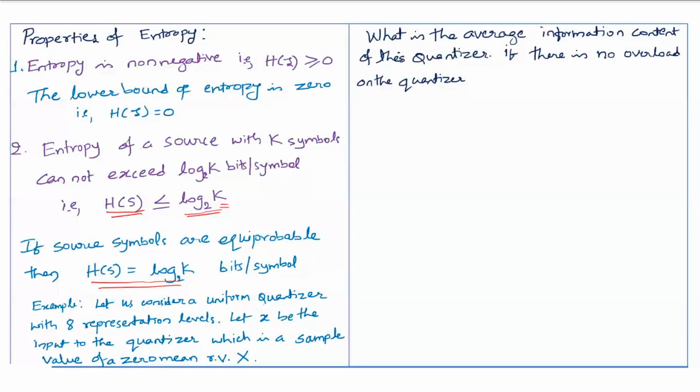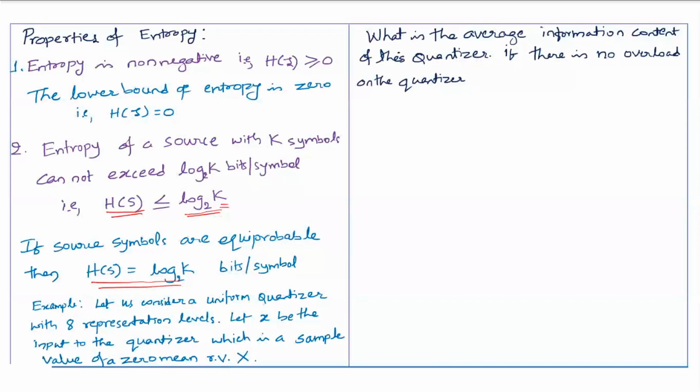Now, if we assume there is no slope overload distortion, and a uniform quantizer, that means the quantizer takes all possible levels, and the quantizer outputs are all equiprobable.